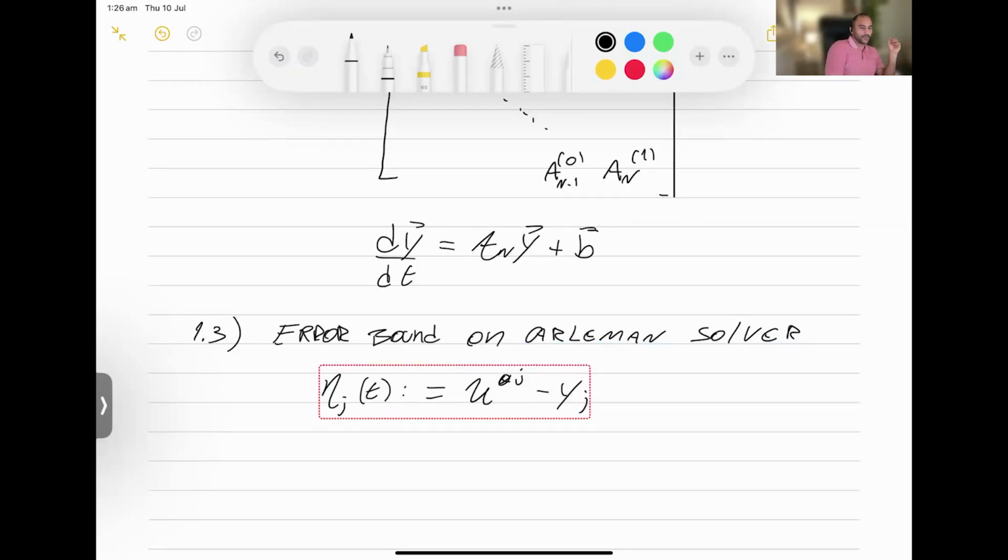So what's happening here? You have these UJs that I wrote, which are actually the result of the ideal solution. The ideal solution is the imaginary case where the truncation doesn't happen. And then the yj is actually what you're going to get at the end, the actual solution.